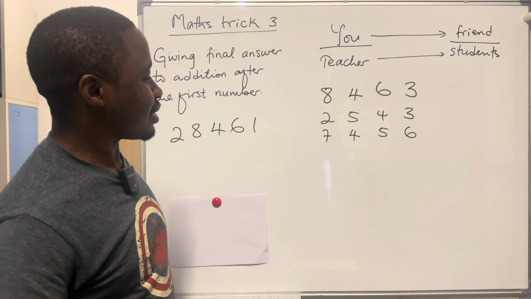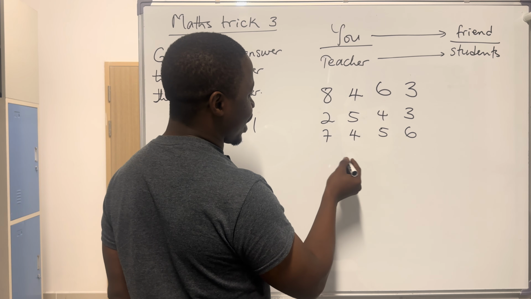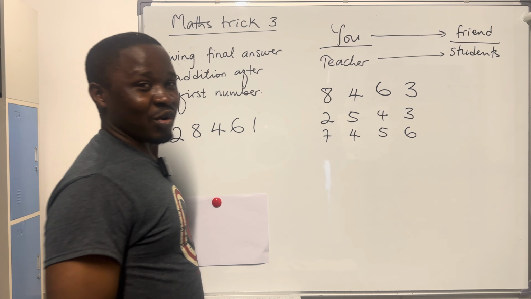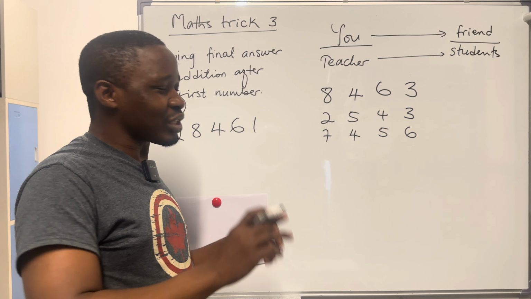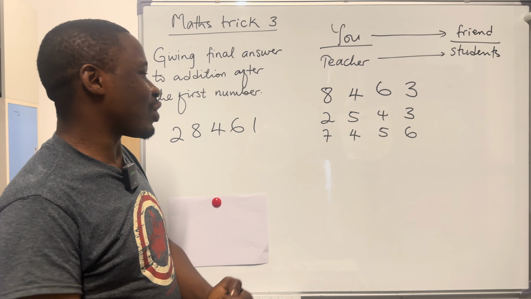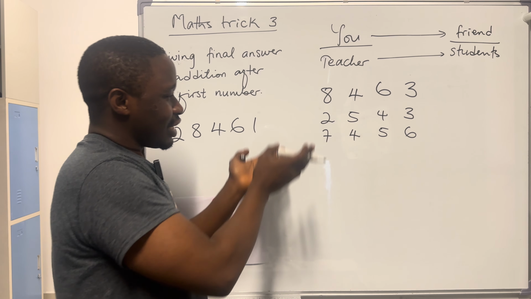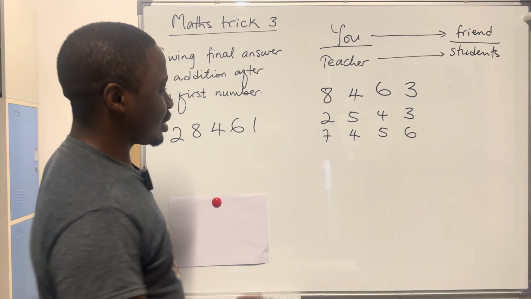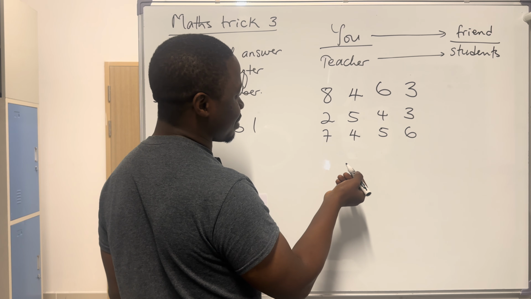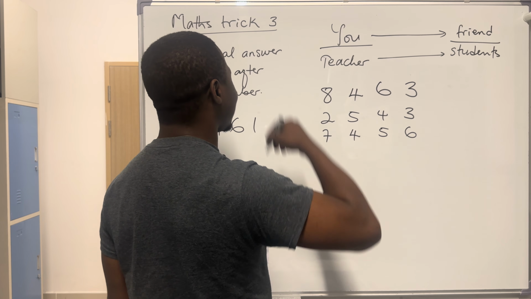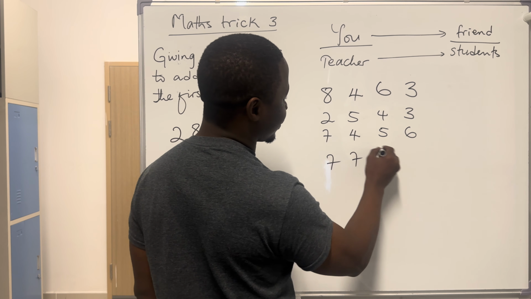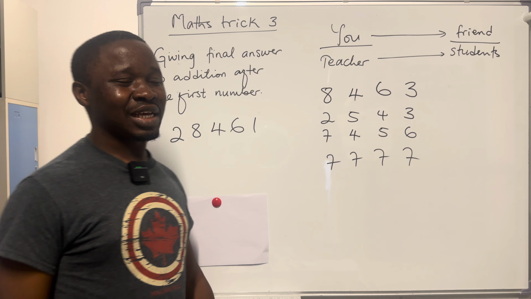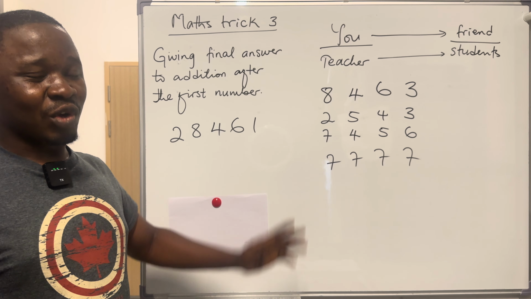Call the person again. You will say, well, in fact, let me make it more difficult, because that is what they try to do. All they want is to make sure that your answer doesn't match the later results. So sometimes they will say, well, let me write the same thing. 7, 7, 7, 7. Most times students try to do this one. I'll write the same. Don't worry.